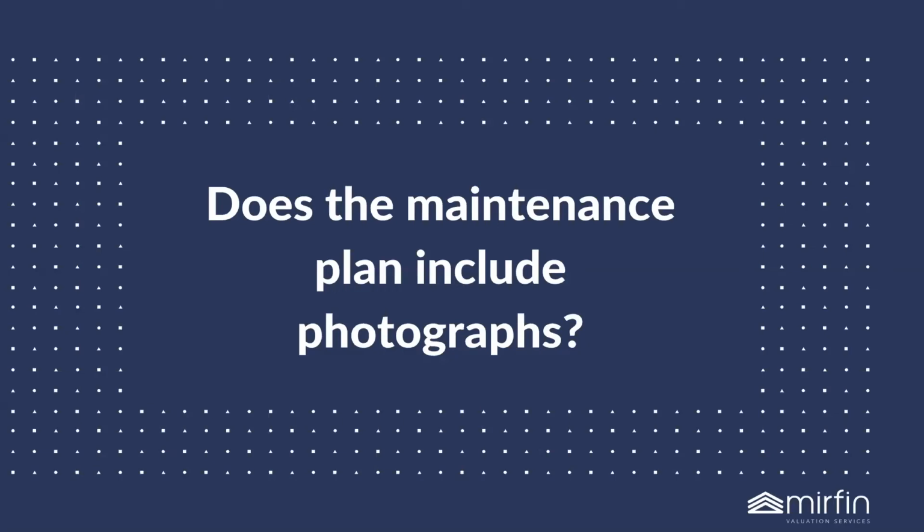Does the maintenance plan include photographs? Yes. Every maintenance plan includes photographs of the assets and what has been seen on site. And that's very relevant for the scheme, because that becomes a record of how certain assets looked in the scheme at a certain point in time. It also is quite a valuable tool for property managers and for the trustees to plan ahead.